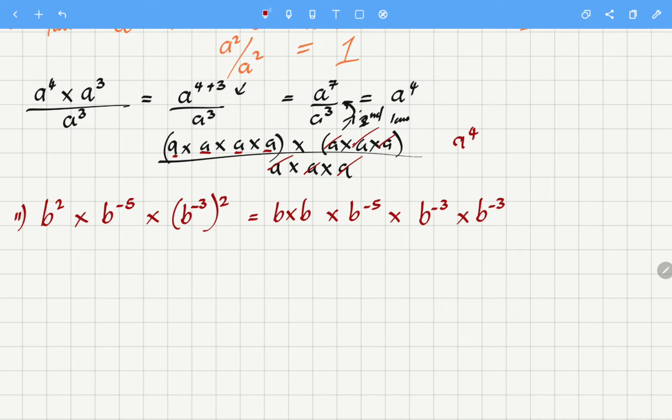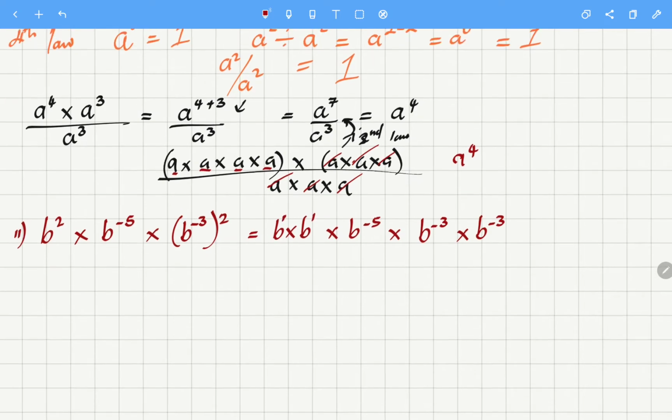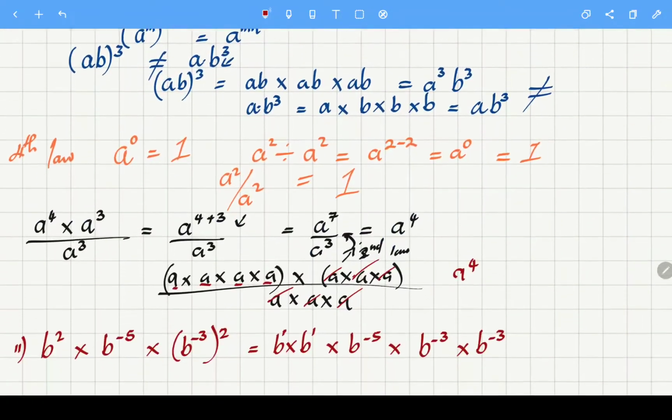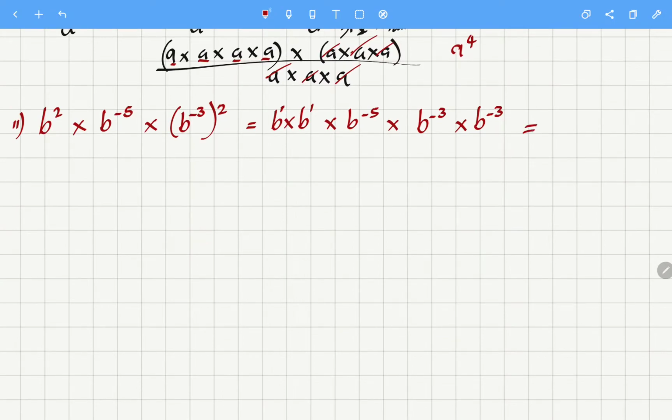Using the first law, we can simplify further: minus 3 plus minus 3 is minus 6, plus minus 5 is minus 11, plus 2 is minus 9. So that's b to the power minus 9, which is 1 over b to the power 9.